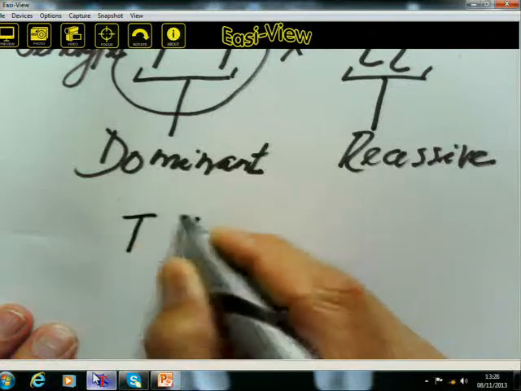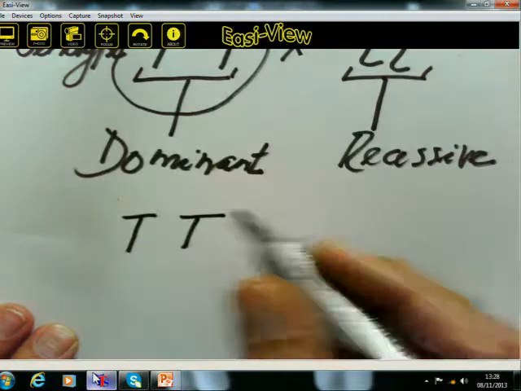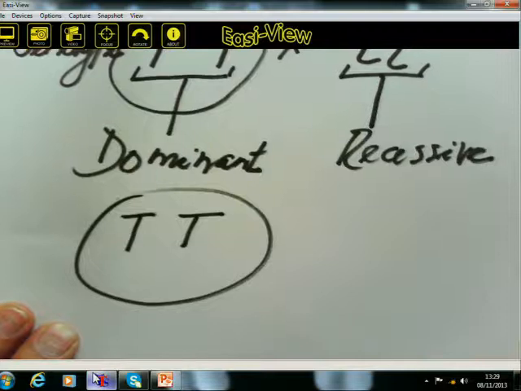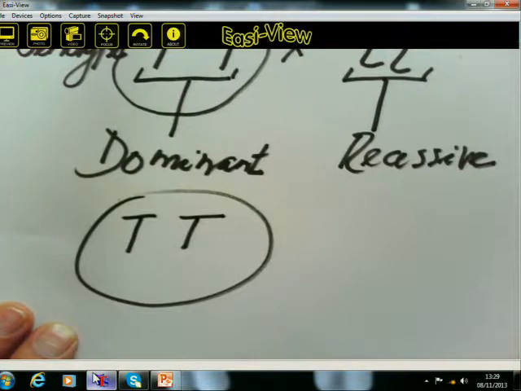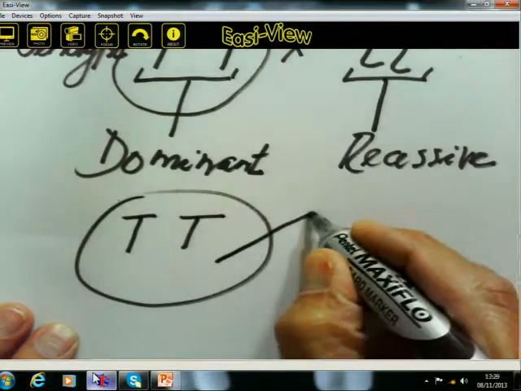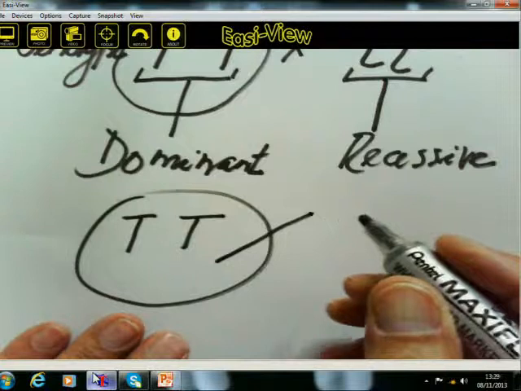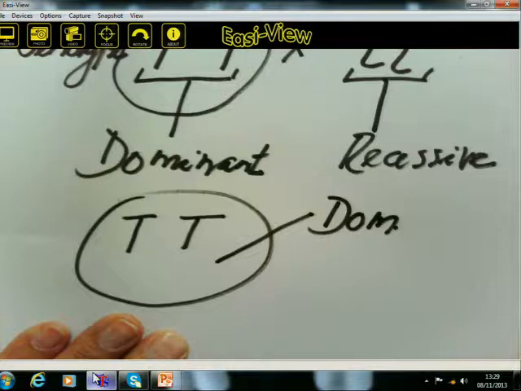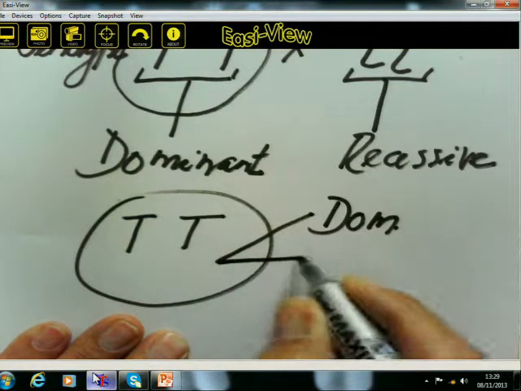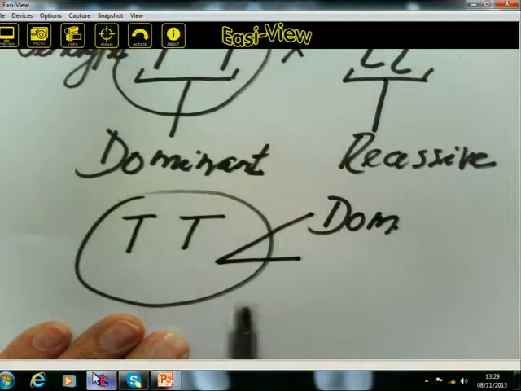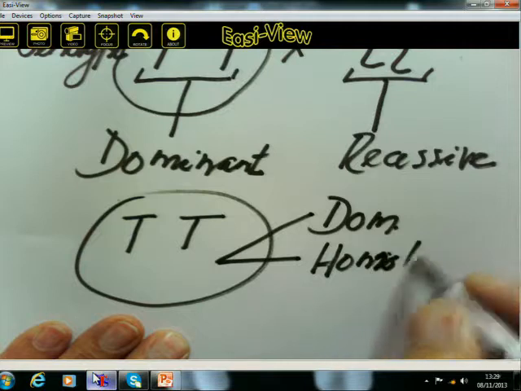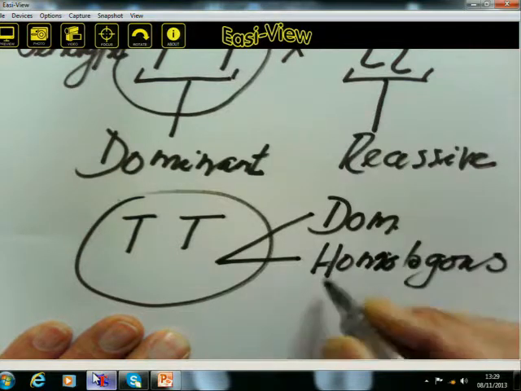Let's use the two capital T's. What is the information that we can gather from that method of indicating the genotype of a specific characteristic? In the first instance, because I wrote it with capital letters, it represents the dominant allele. Secondly, because there are two letters, it represents the homologous chromosomes.